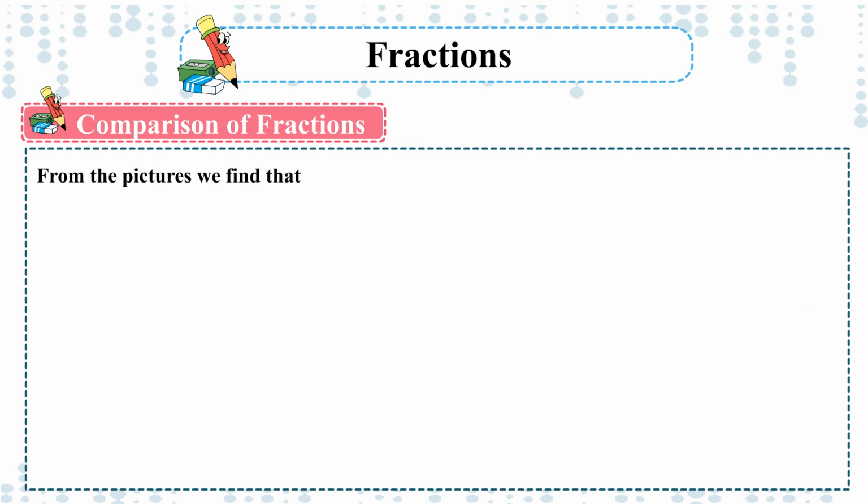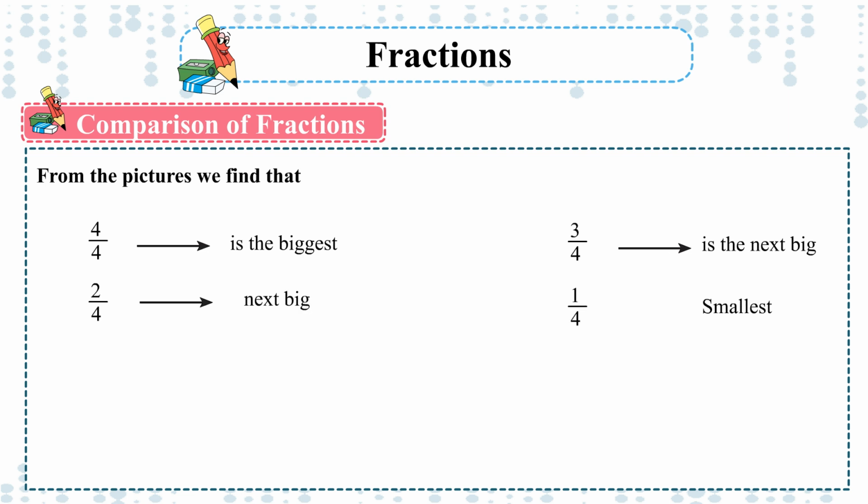From the pictures we find that 4 upon 4 is the biggest. 3 upon 4 is the next big. 2 upon 4 next big. 1 upon 4 smallest.